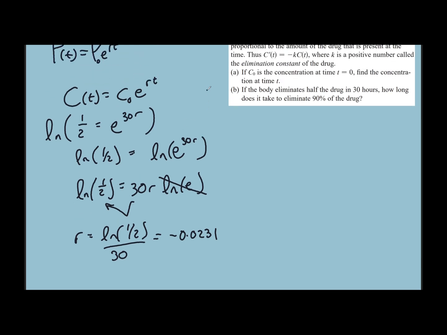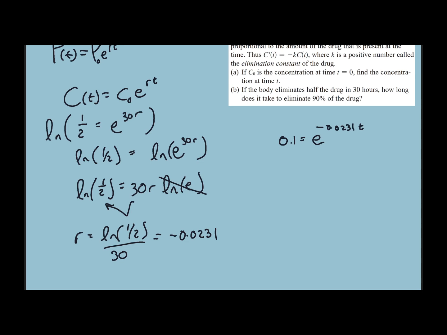And now we can come to finish up part B, and they say, how long does it take to eliminate 90% of the drug? So that means the remaining amount will be 10%, so we'll say 0.1 equals 1 times e to the negative 0.0231 t. Well, there's a variable up here.